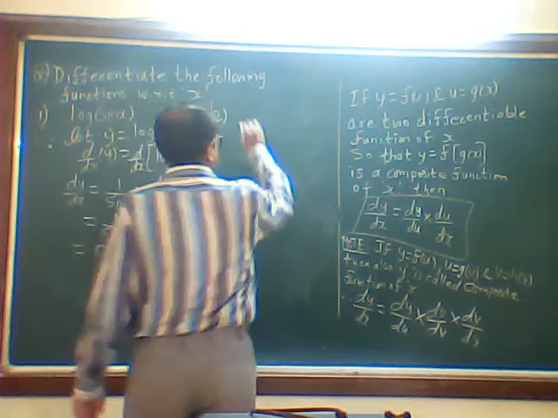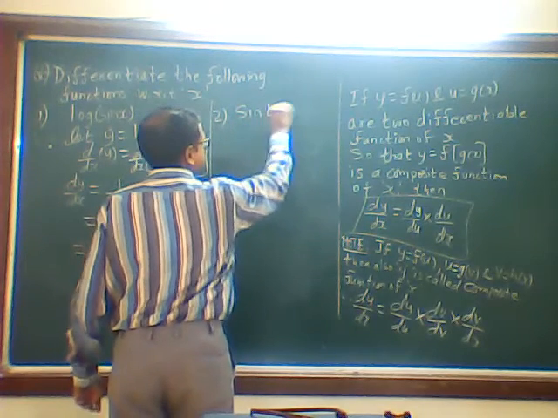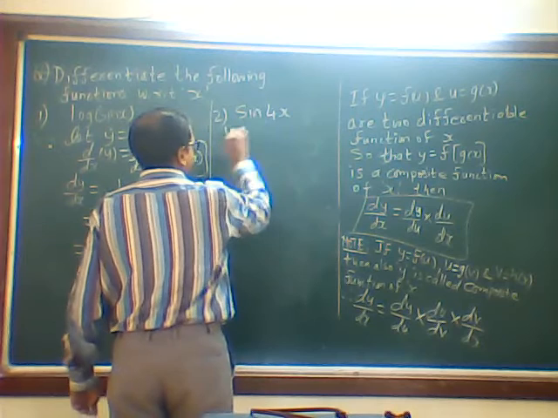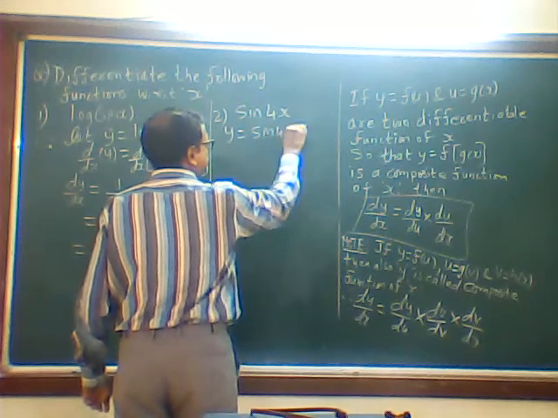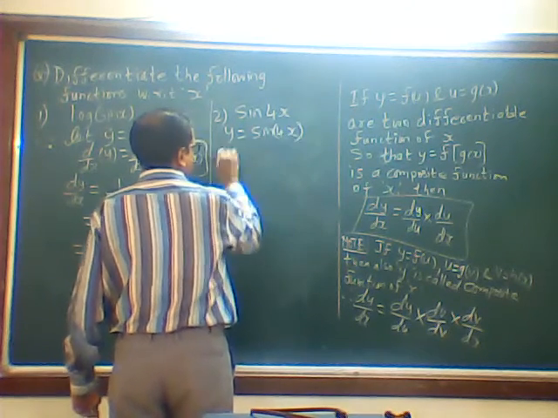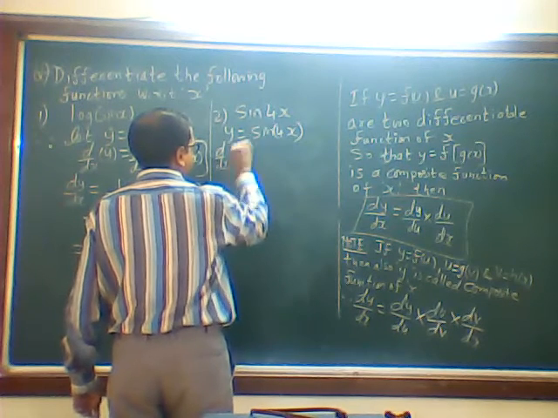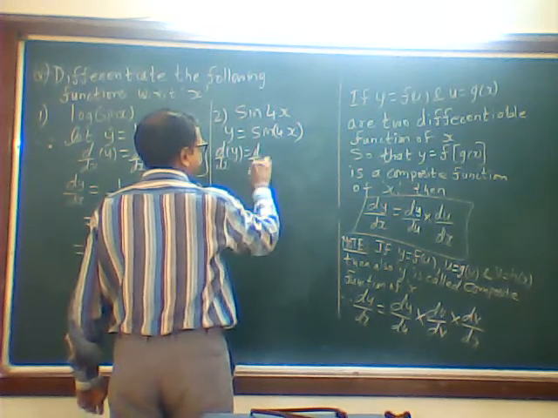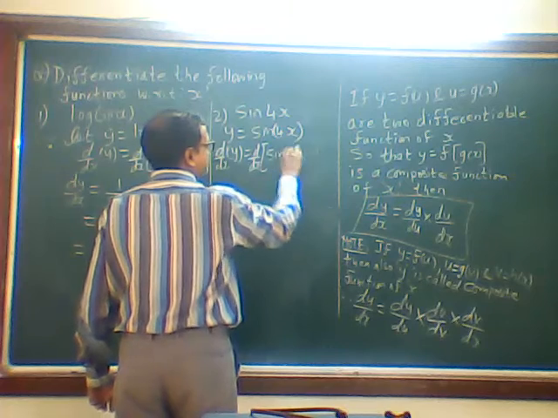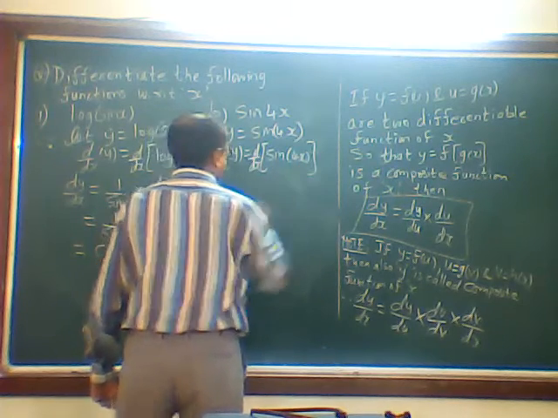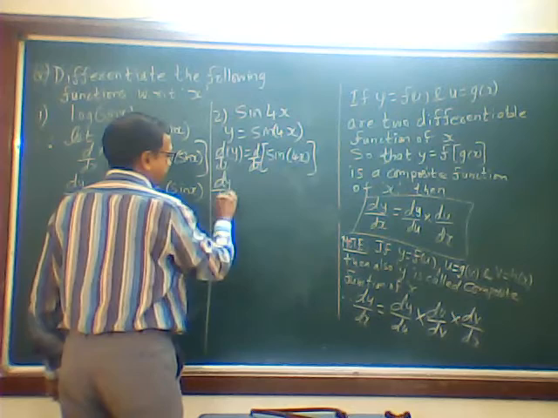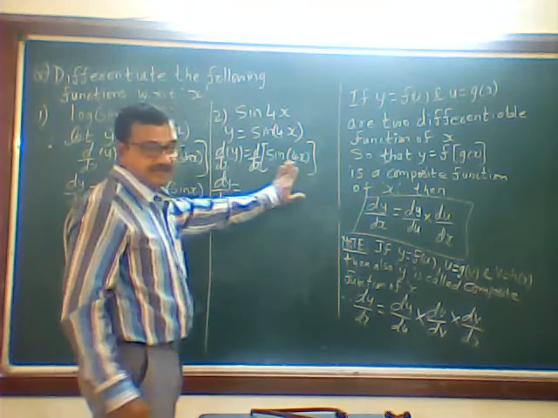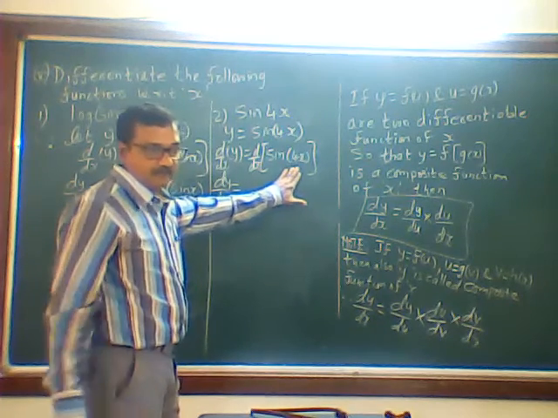Sin 4x. Let y is equal to sin 4x. I write it this way. d by dx of y is equal to d by dx of sin of 4x. So dy by dx is equal to... Now sin 4x, I have not given any formula of sin 4x.